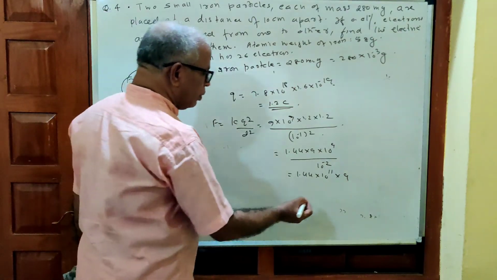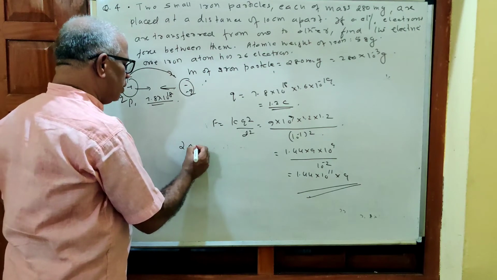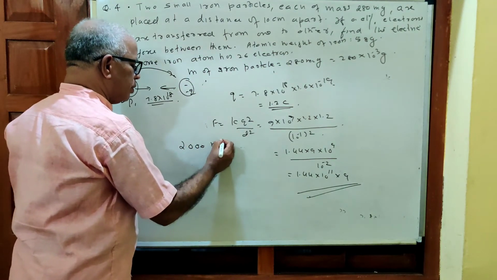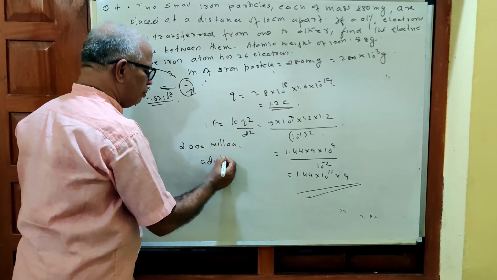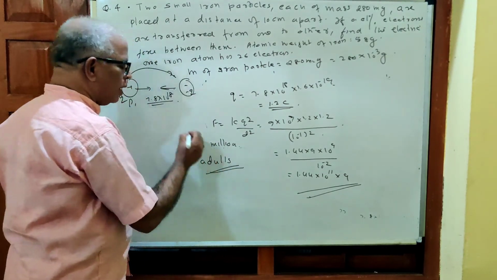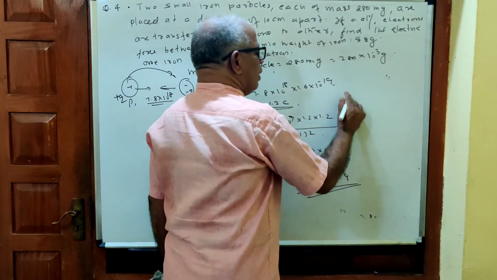It is almost equal to the weight of 2000 million adults. So how did we arrive at this?